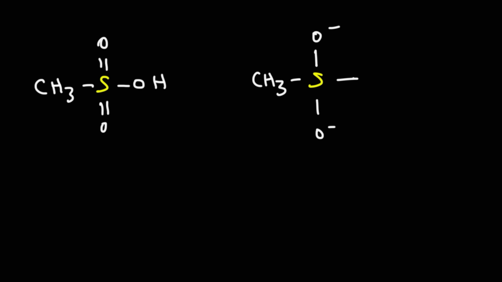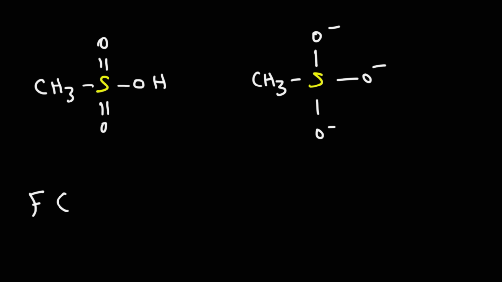This right here is known as a sulfonic acid. I'm going to draw sulfonate without the hydrogen, but one particular resonance form of the sulfonate ion. What is the formal charge on the sulfur for this particular resonance form?